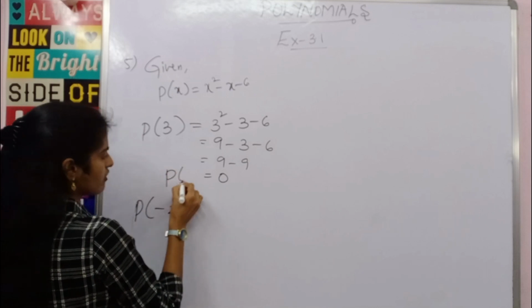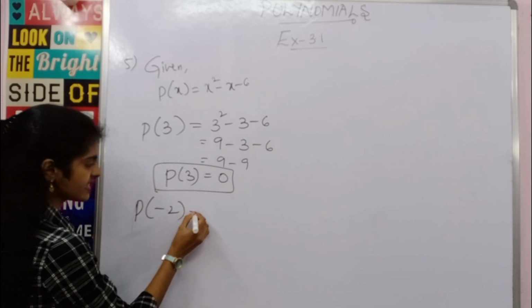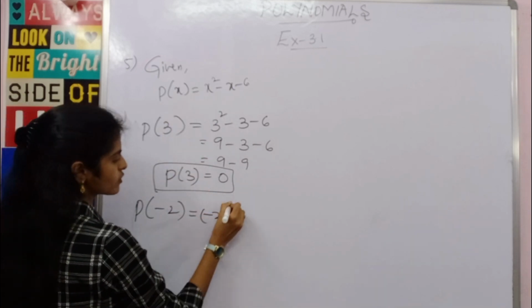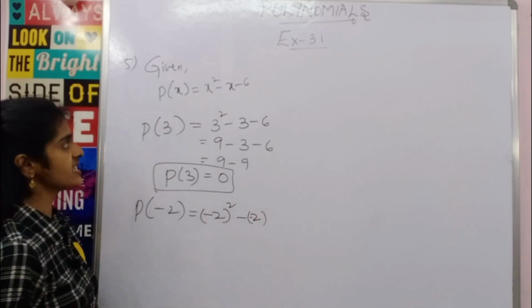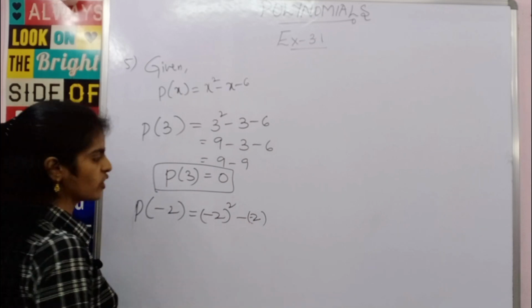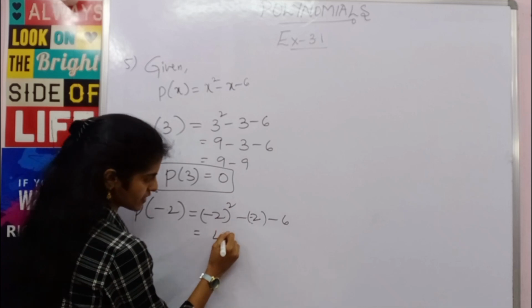So p of 3 you got as 0. Now let us take p of minus 2. Minus 2 you substitute here. So it is minus 2 square minus of minus 2. Just see, here you have minus and x is nothing but minus 2. And you have minus 6. Minus 2 square is 4.